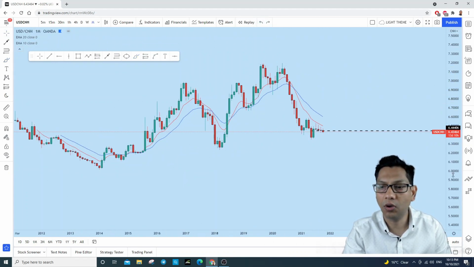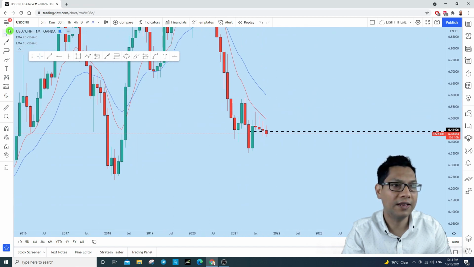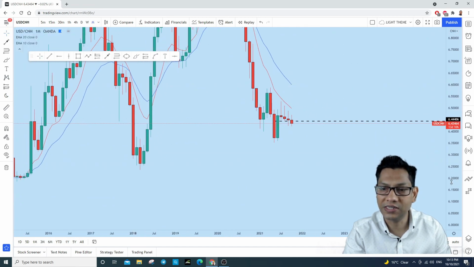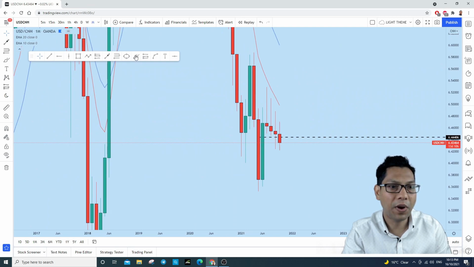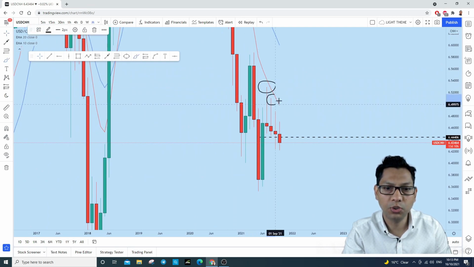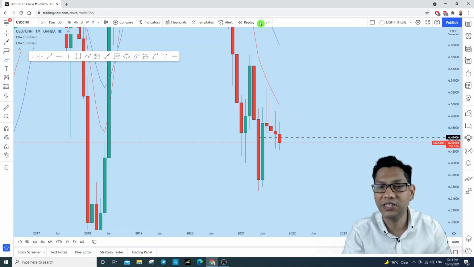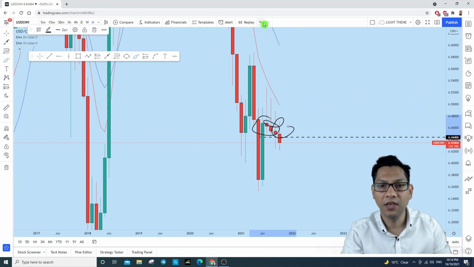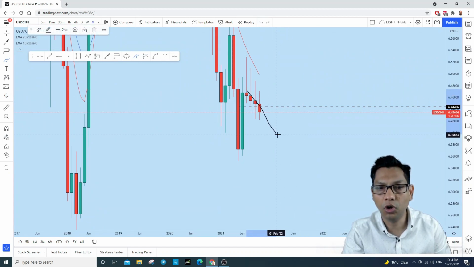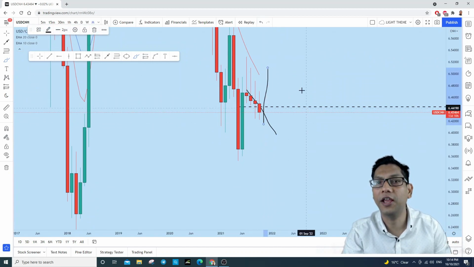Now let's go to the recent time frame. Look at the past months, 1, 2, 3, 4 months back to back. What we are saying is that USDCNH is creating lower high and lower low with a lot of dojis on its way. When you see that kind of doji, the price is difficult to break up.